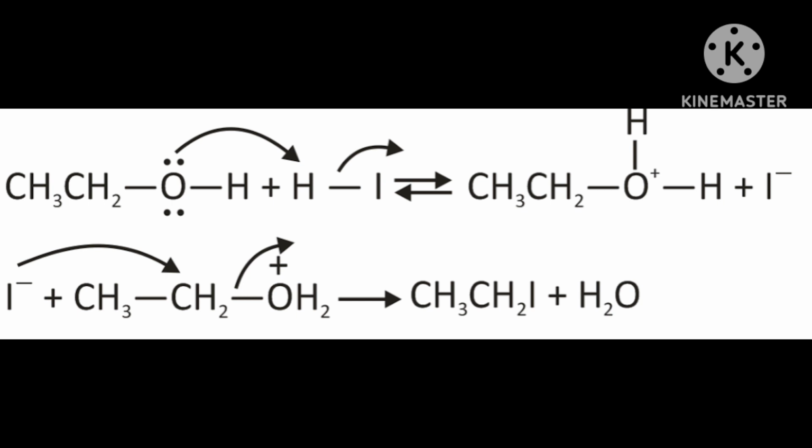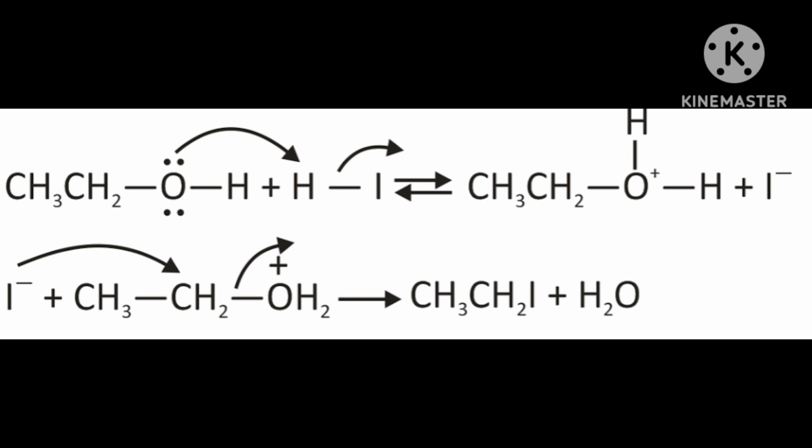That carbon actually requires electrons, which will be given by the iodide ion because it is negatively charged. Now what will happen? The I will try to make a bond with the CH3 of the oxonium ion formed in step 1.